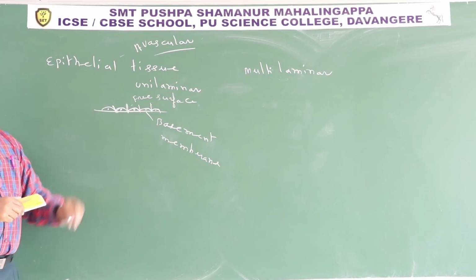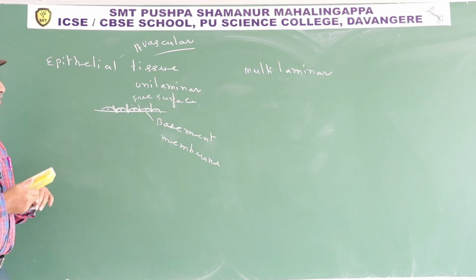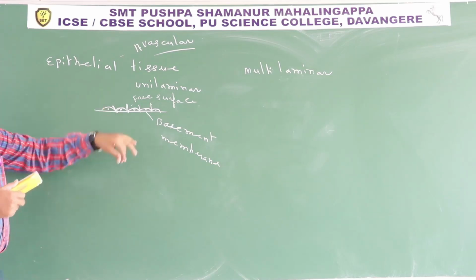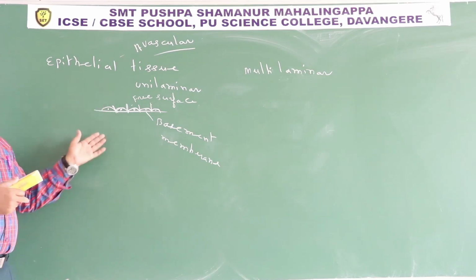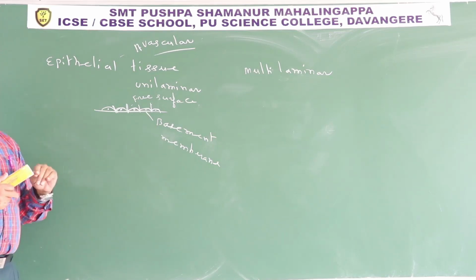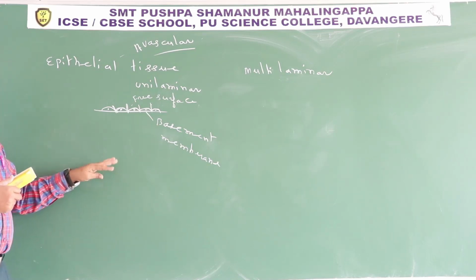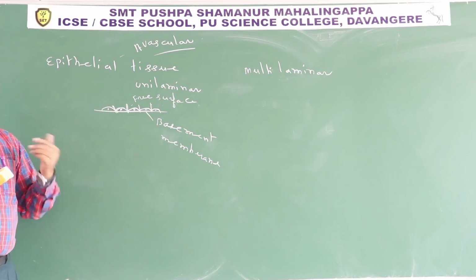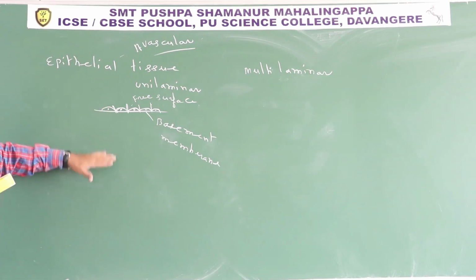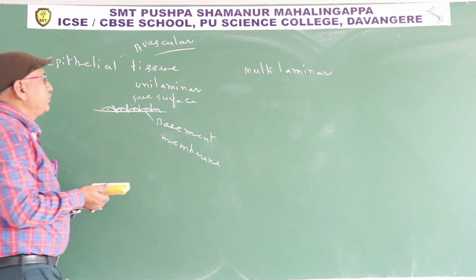Blood vessels are absent in epithelial tissue. If blood vessels are absent, how does it survive? It depends upon connective tissue for its nourishment. Connective tissue contains numerous blood capillaries. The nutrients diffuse from the blood capillaries into epithelial tissue. In this manner, epithelial tissue depends upon connective tissue for its nutrients.